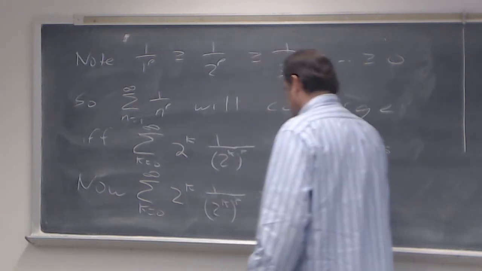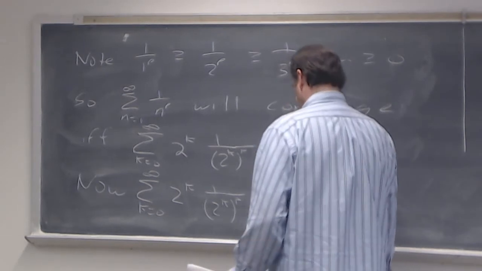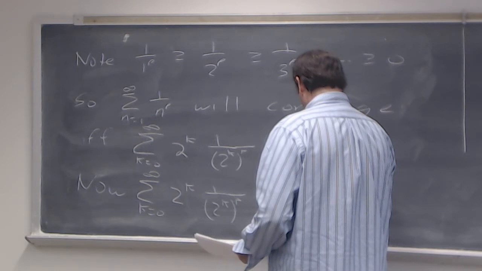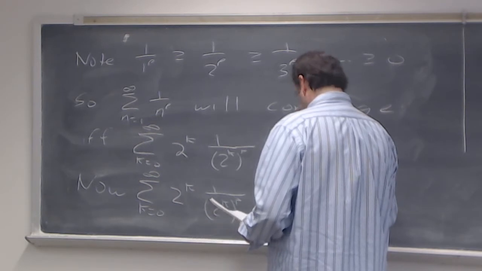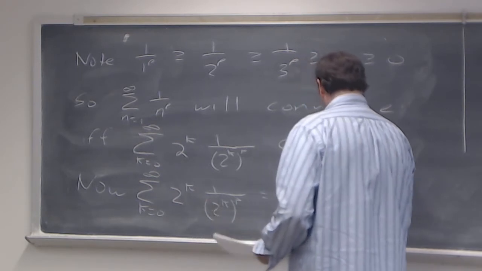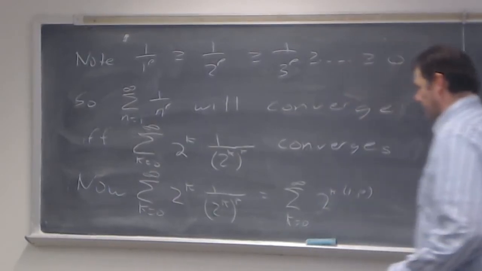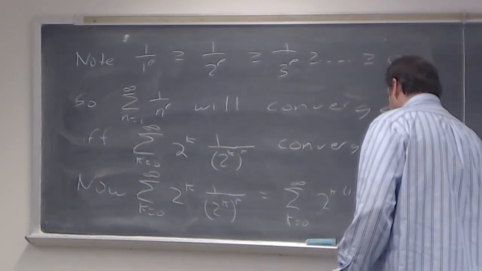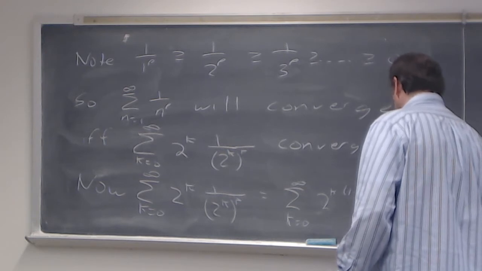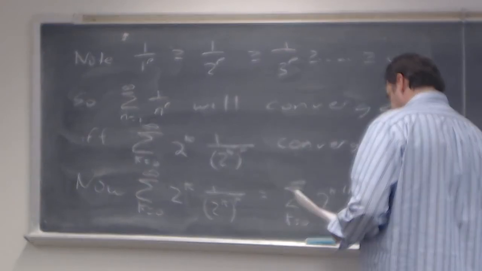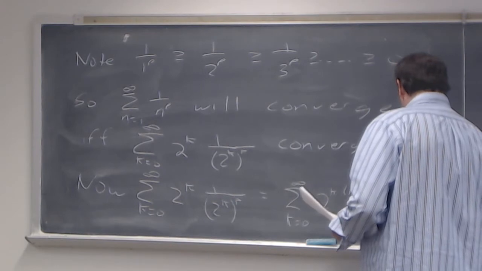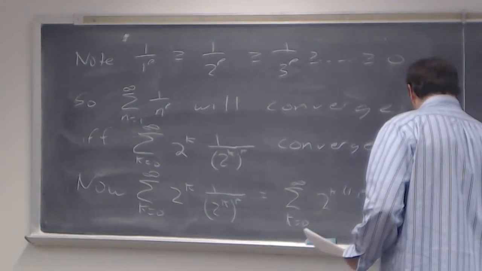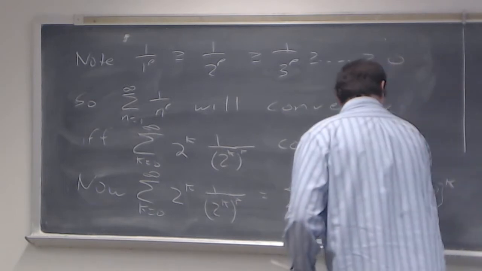Bringing this to the top, making that minus p, we get really 2 to the k raised to the 1 minus p. So 2 to the k times 1 minus p is what we can rewrite that as. And then we can rewrite this as the sum as k runs from 0 to infinity of 2 to the 1 minus p, all that raised to the k power. And that's the way we'll look at it.